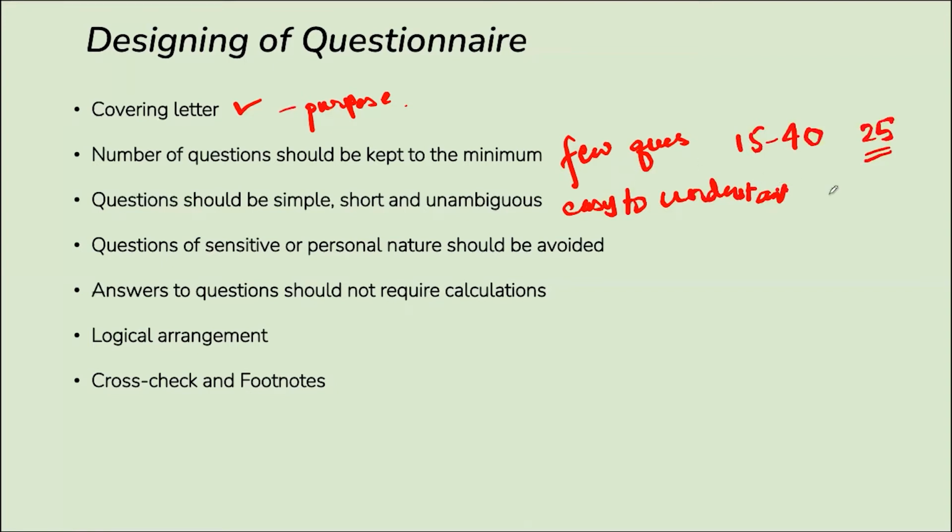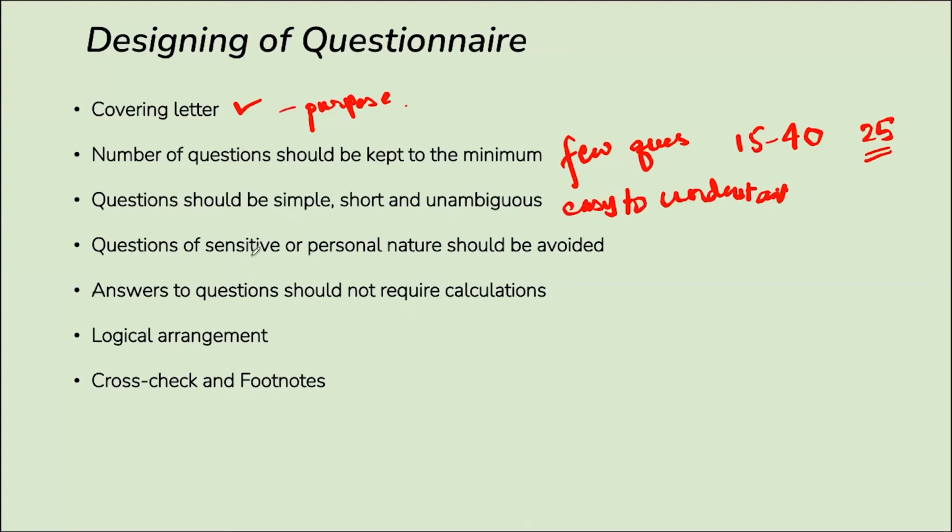For some, it may be the capacity to read and write, and for some it may be whether you have a university degree or a college degree and so on. So instead of asking, are you literate, you should ask whether you have passed high school, graduation, post graduation, etc. Questions can also be of yes or no type or multiple choice, depending upon the requirement of the investigator. So questions should be simple, short, and unambiguous.